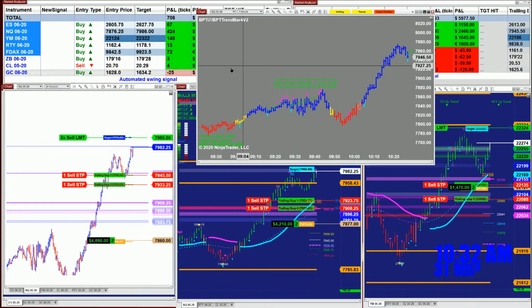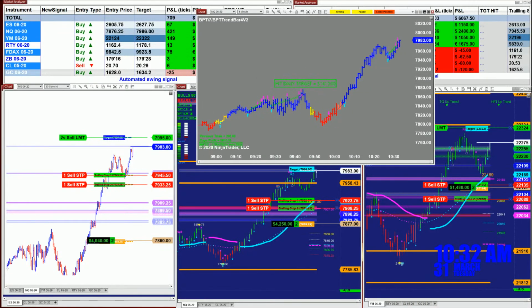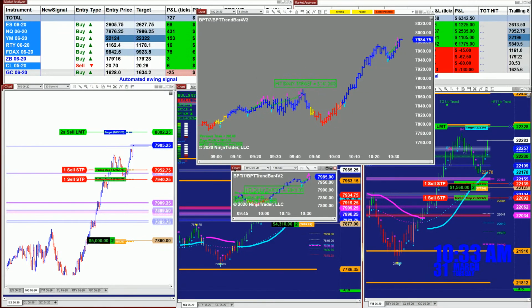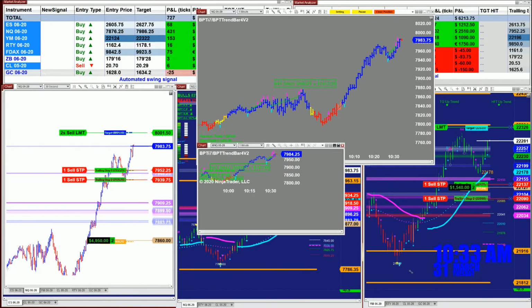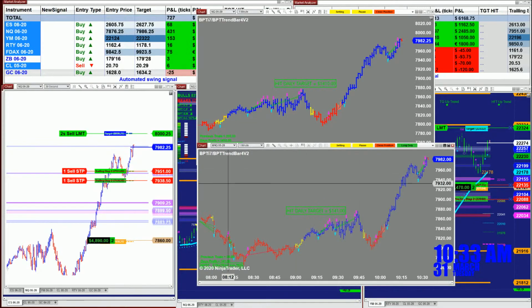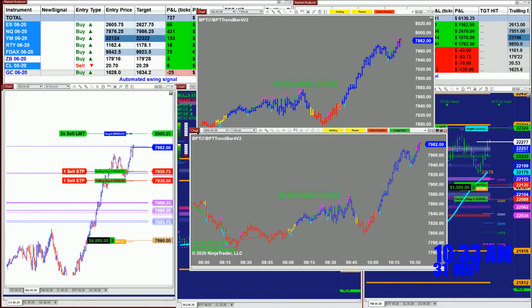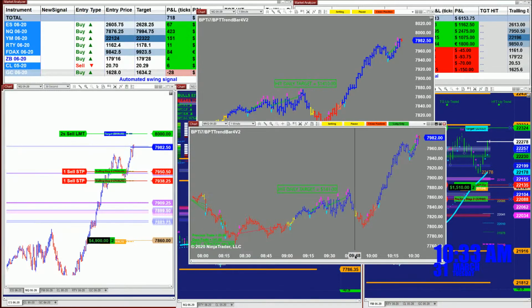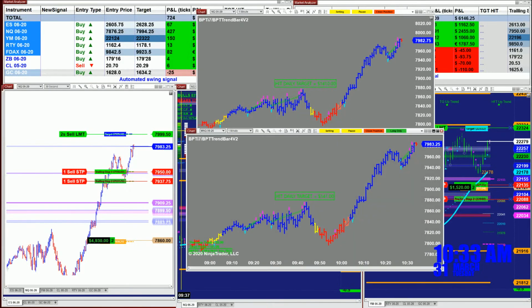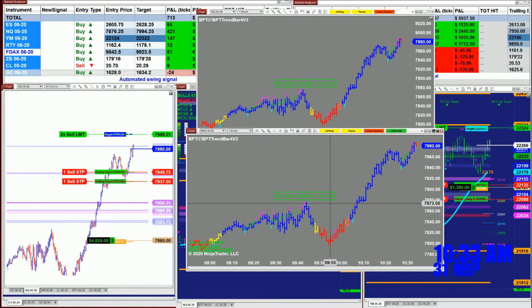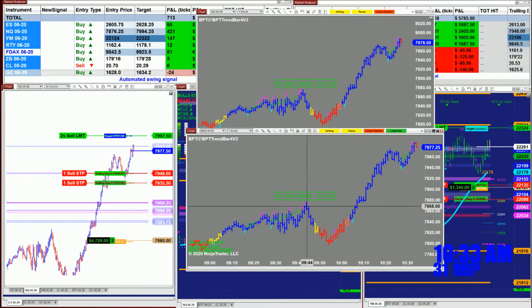This is the template we told you about last week, and this is the same template, the same chart, but it is under the micro account. If we look at the micro account, this is a Nasdaq 1 minute. This is a Nasdaq 1 minute. So if you want to use it live on the micro account, you can, and you put a target of $100 on it.